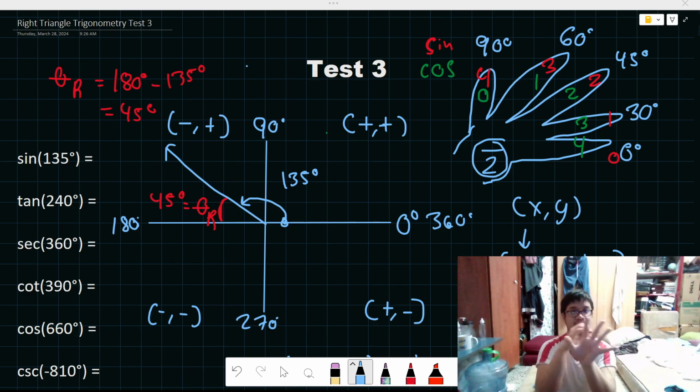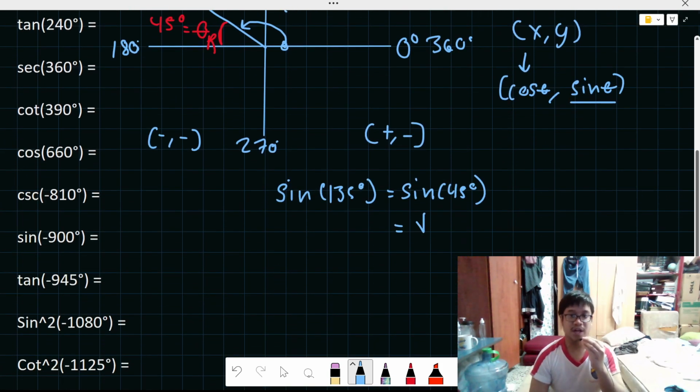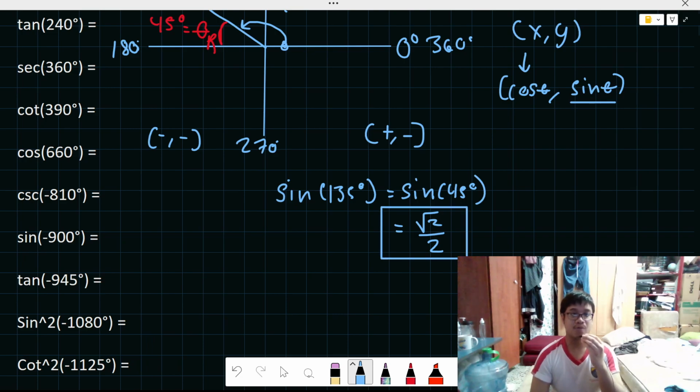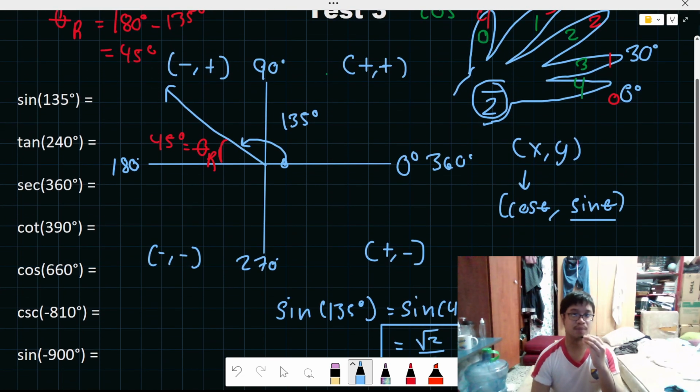So this middle finger is your 45 degrees. You have 2, now get the square root of 2, and divided by 2, you have square root of 2 all over 2. Hence, sine of 135 degrees is square root of 2 all over 2. And that's how we get the answer for the first problem.